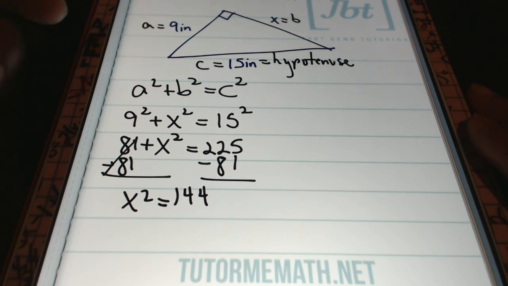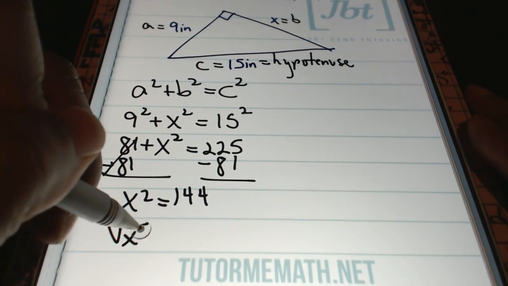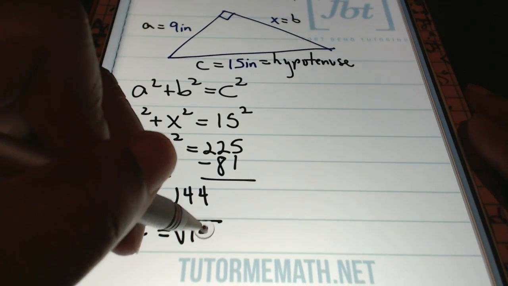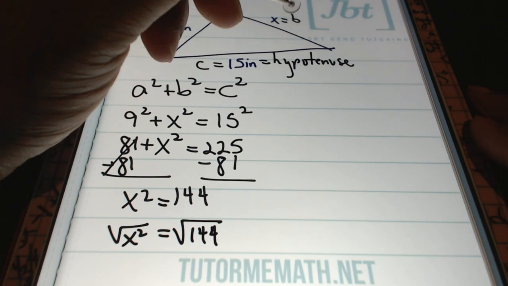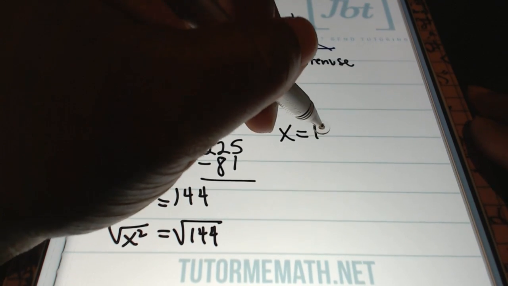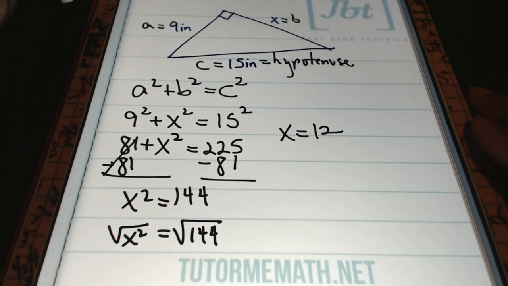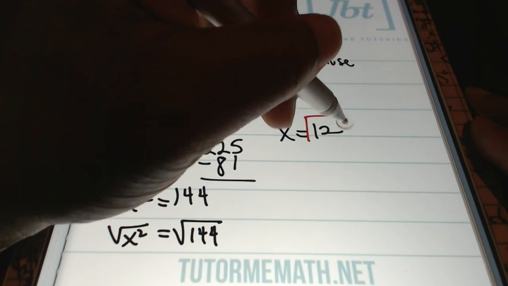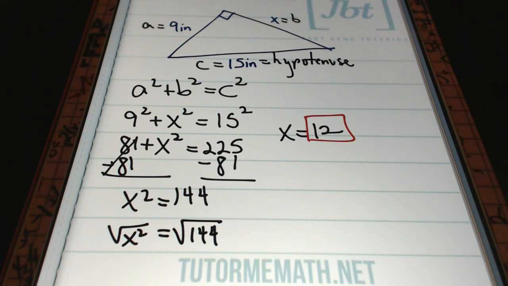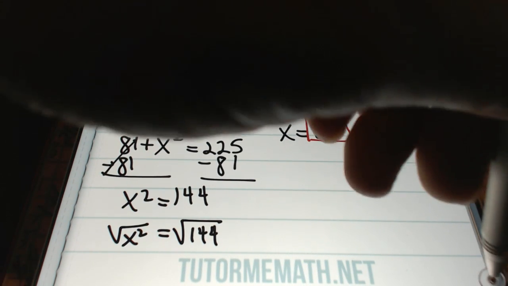And then as we take the square root of both sides, you'll end up taking the square root of 144, which means that your answer for x is 12, because the square root of 144 is 12, as 144 is a perfect square. And we will red box it. Just like that, guys. Just like that.